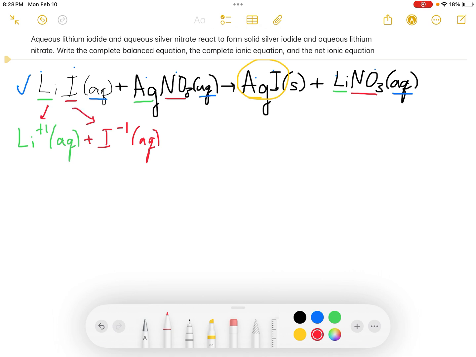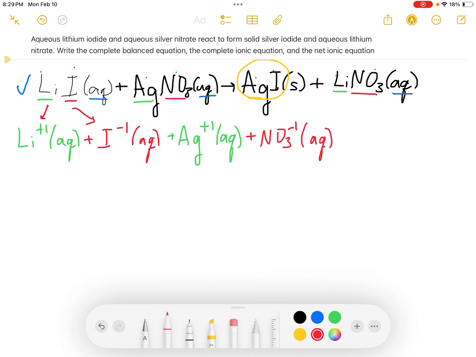Now we're going to add our silver, which is +1 and aqueous, and our nitrate, which is -1. We have to include the charges of the ions in our complete ionic equation.